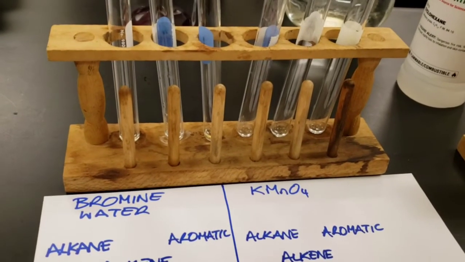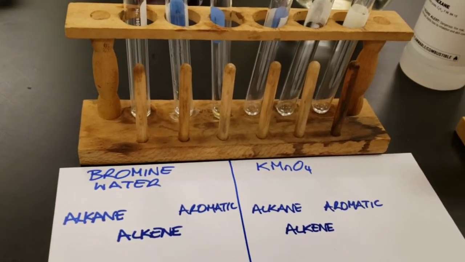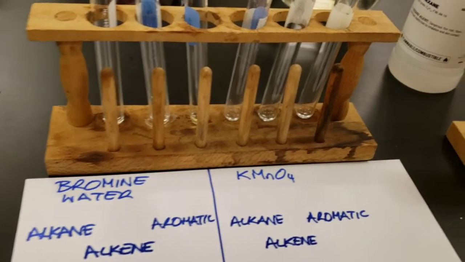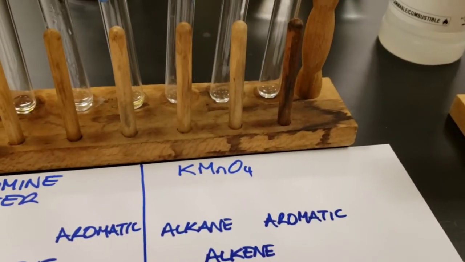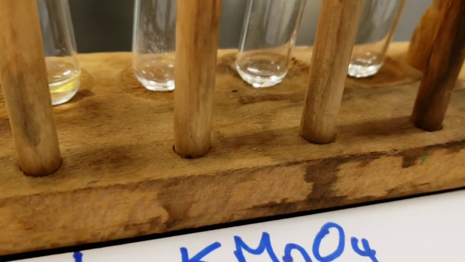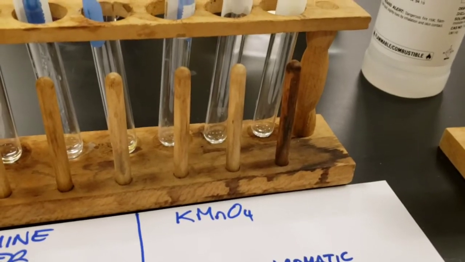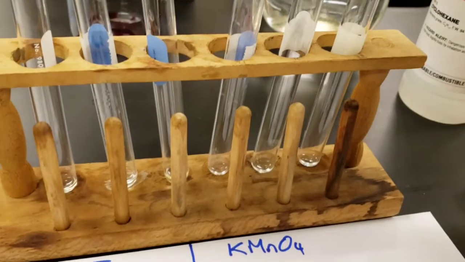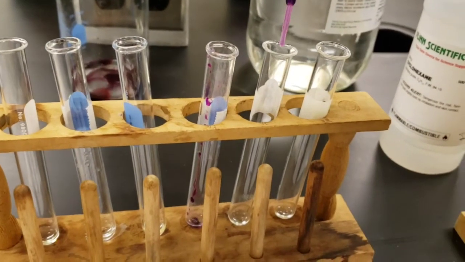We've set up test tubes to do two banks of qualitative tests. Here, an alkane, an alkene, and an aromatic material have been added to the bottom of a test tube. Now we're going to add just a couple of drops of potassium permanganate. You can see that it is purple.